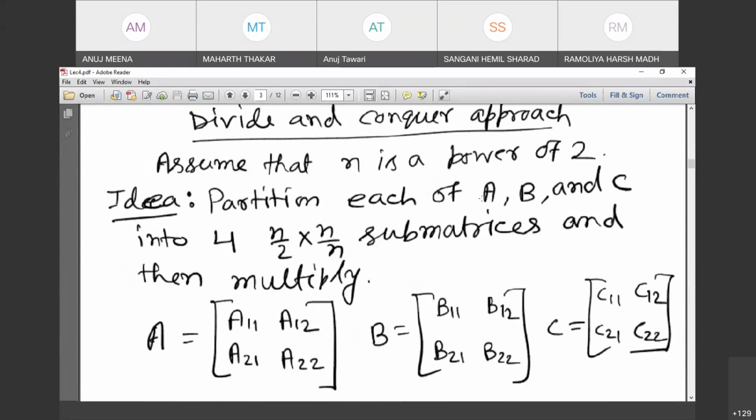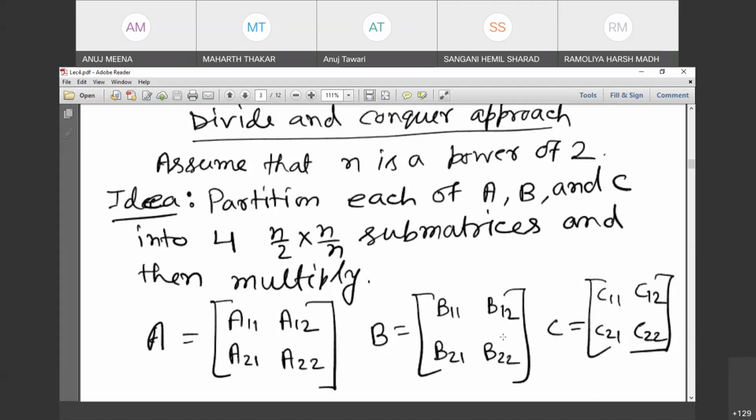Partition each of these matrices A, B, C into 4 submatrices of size n by 2 cross n by 2. You draw a horizontal line and a vertical line in the middle, so the top left part, the top right part, the bottom left part, and the bottom right part. Similarly, we do the same for B.